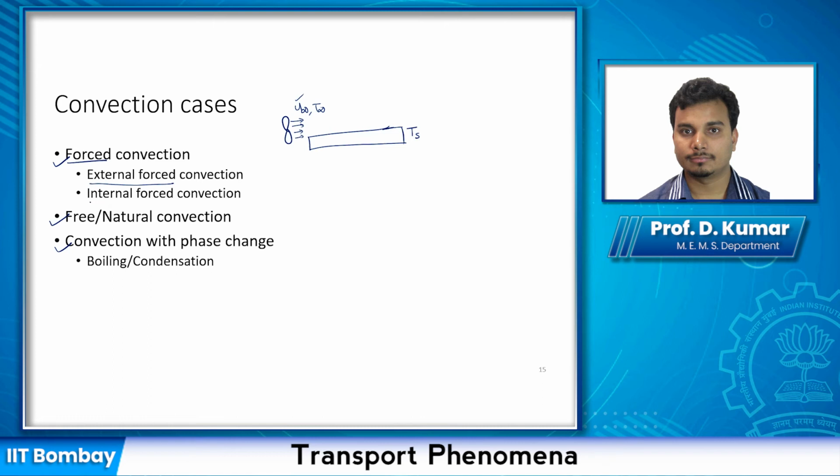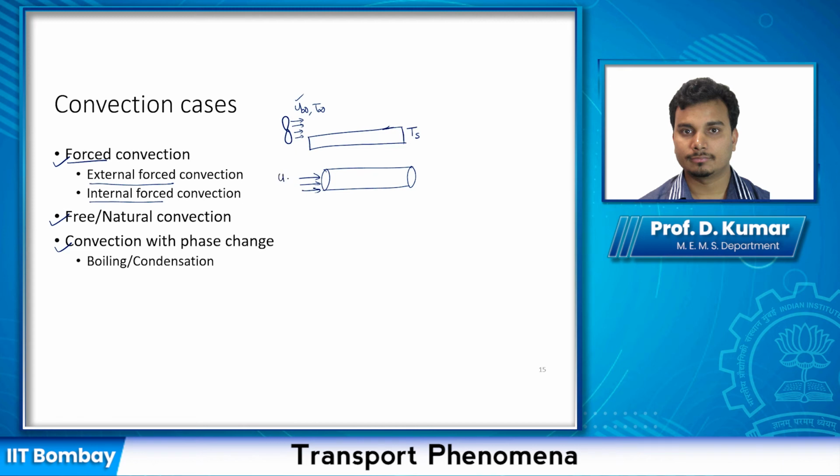The second type is internal forced convection, in which you pass fluid through an enclosed body like a cylinder, or it could be another shape.